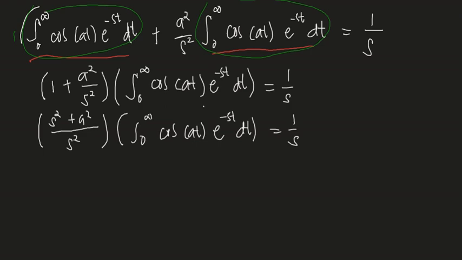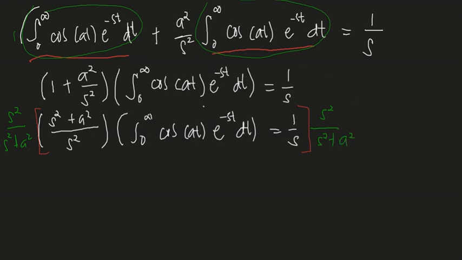So we will have to multiply by the reciprocal, which will be s squared over s squared plus a squared. On the right side of the equation, we will have s squared all over s squared plus a squared.